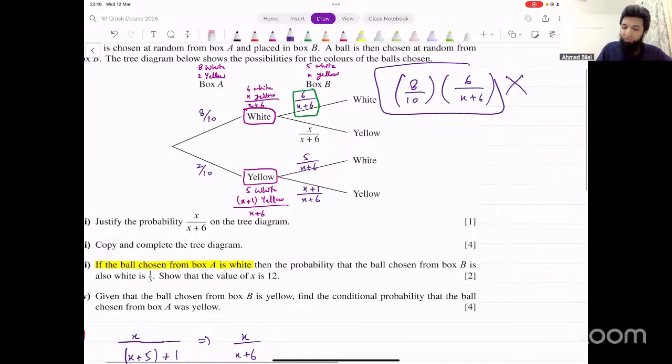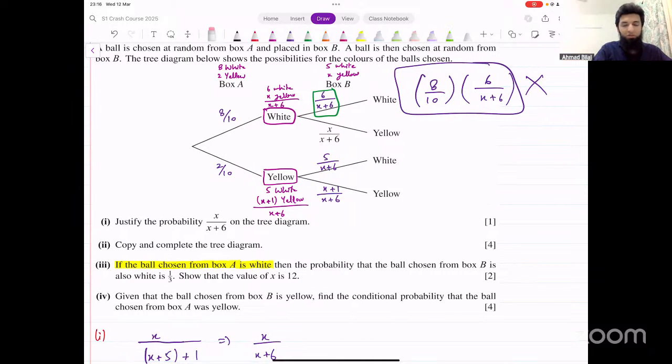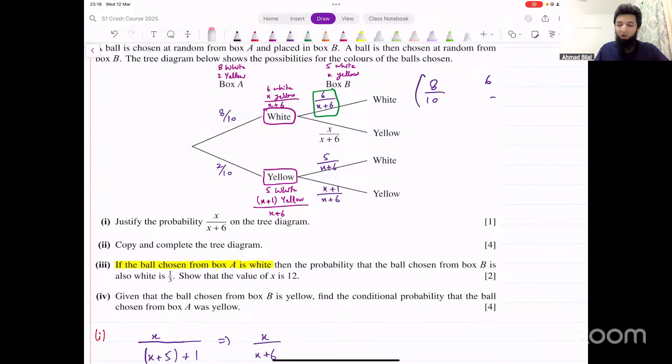This is the probability of getting a white ball the first time and a white ball the second time. If you had to find the probability of getting a white ball the first time and getting a white ball the second time, that would be this. This is different. The statement that's given is different. It says, if the ball chosen from box A is white, so it's given that the ball chosen from box A is white. There's no probability involved in the first step here.